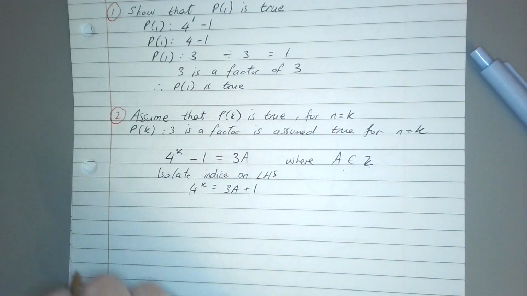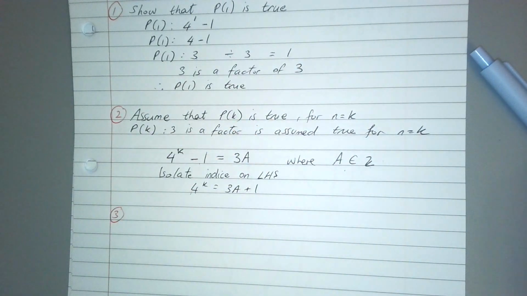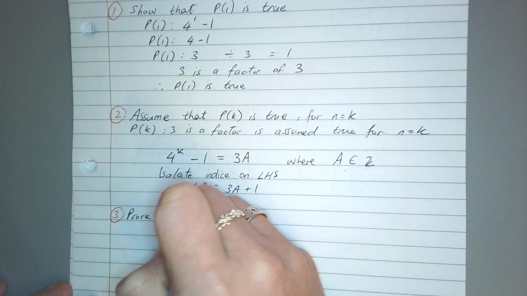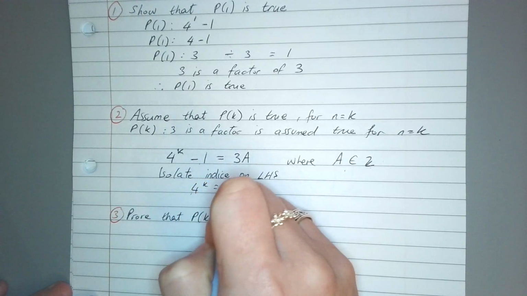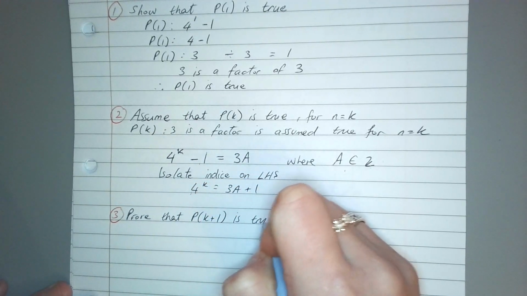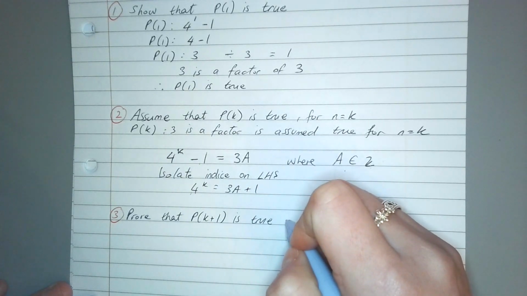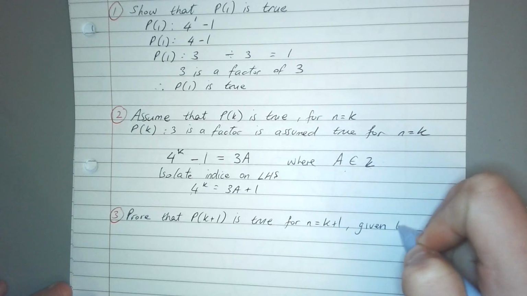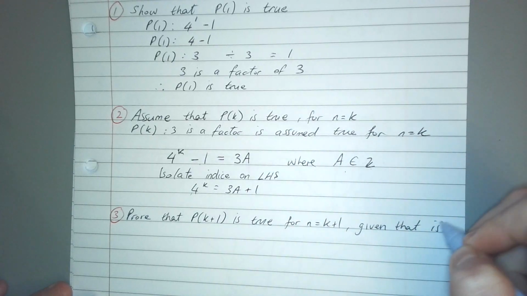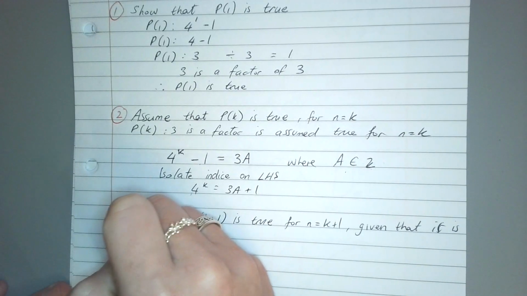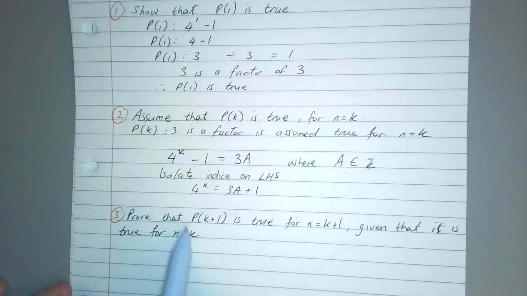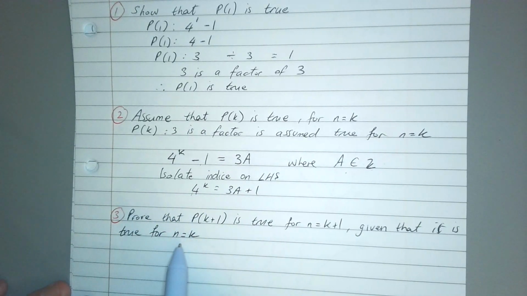So 3 then is our prove. Prove that the proposition of K plus 1 is true for N equals K plus 1, given that it is true for N equals K. So it's the same copy and paste statement that we're making for each one.